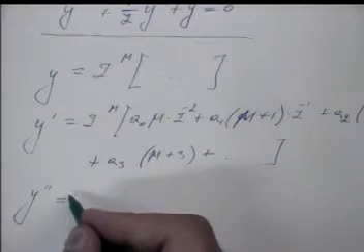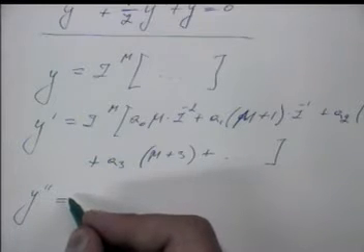How did you get z minus 2? You have y equals z to the power mu, etc. Suddenly z to the power minus 2 comes out.